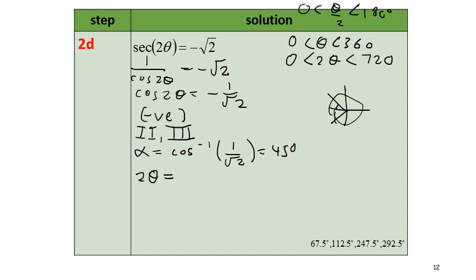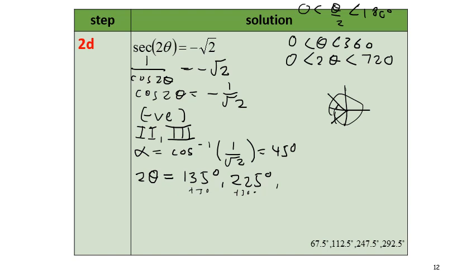Okay, so it means like this. Remember the angles are 135 and also 225, right? So on top of these two angles, you have to add 360 to this one and 360 to this one to find the other two angles.